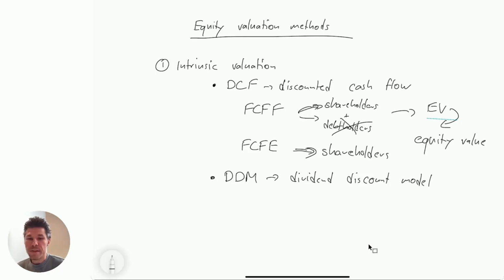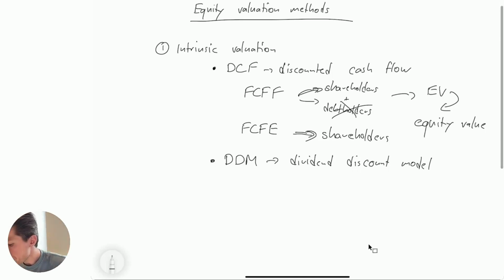So we just use the dividends to derive a valuation. If the company does not pay any dividends, then we need to use the DCF. These are intrinsic valuations because we only look at the company internally. It's intrinsic based on their performance, based on their cash generating capabilities. That's basically how we define the valuation.